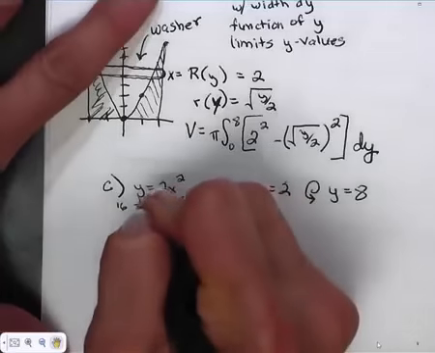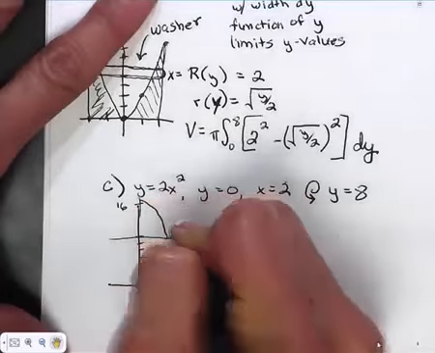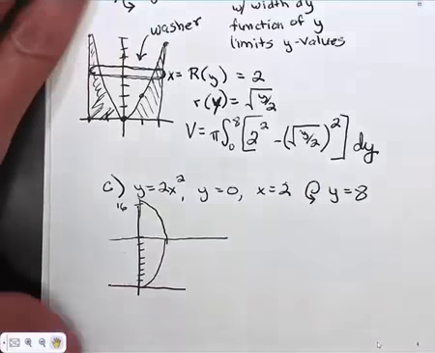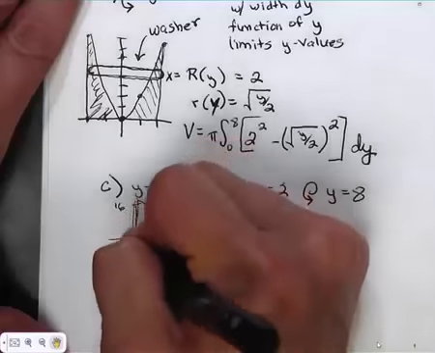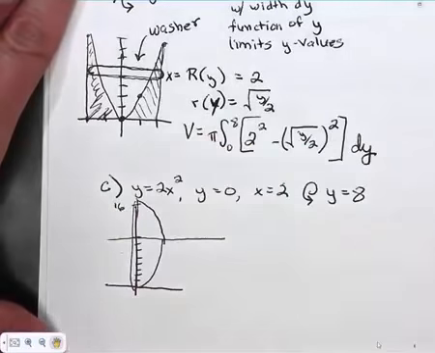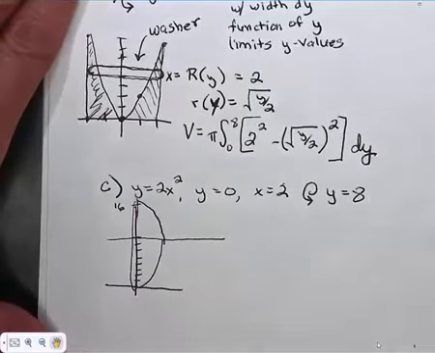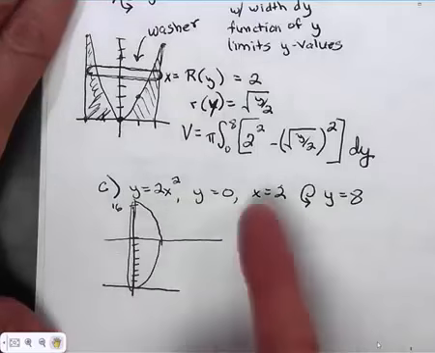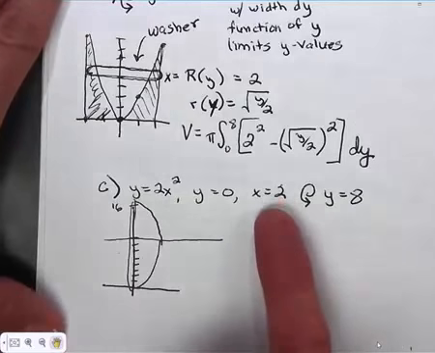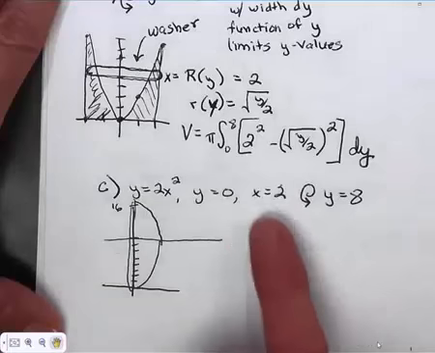So the other piece is going to look like that. And actually it hits y equals 8. Y equals 2x squared, y equals 0. Oh, it was supposed to be bounded by x equals, no, that's right.